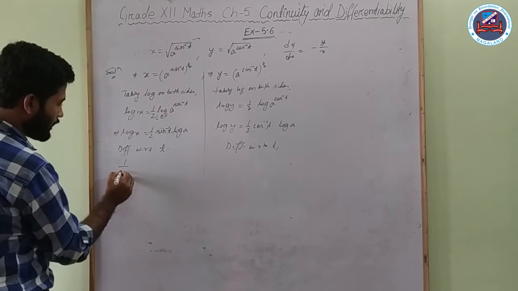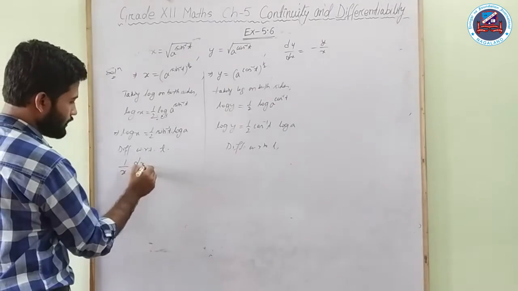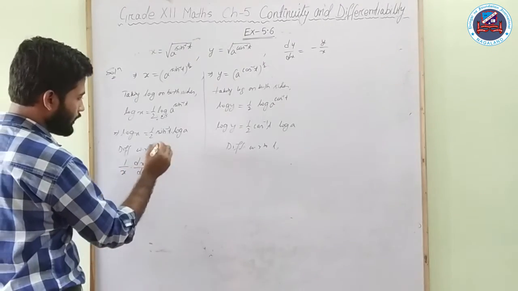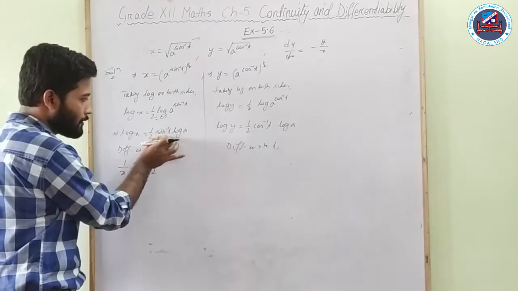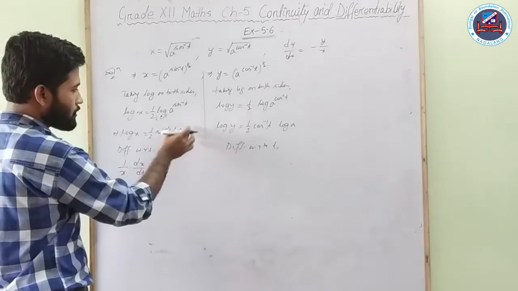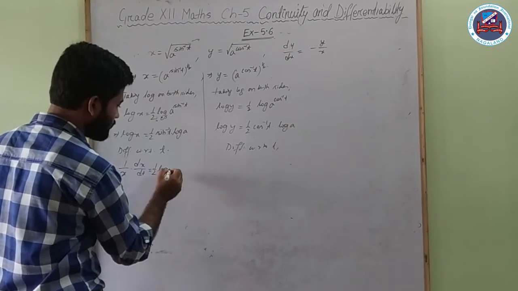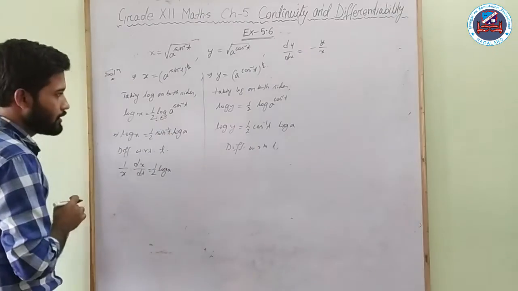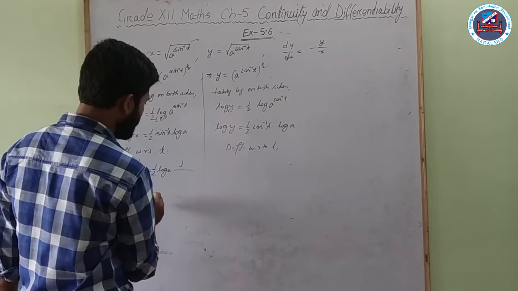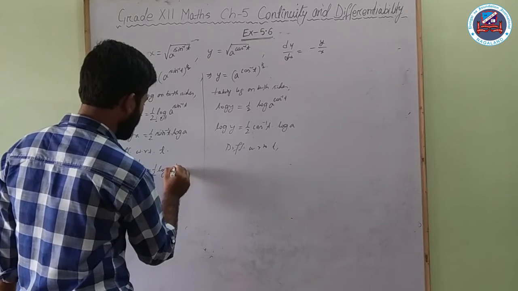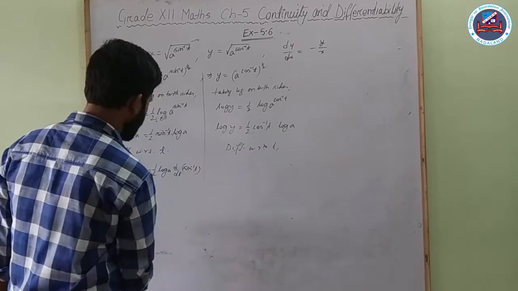We shall have 1 by x, but x is not t, so we need to write dx by dt, and that will be equal to half of log a, which is a constant so just bring it out, into d/dt of sine inverse t.